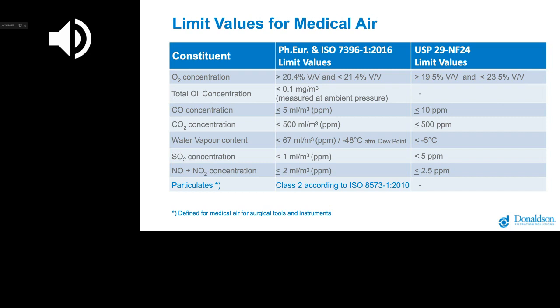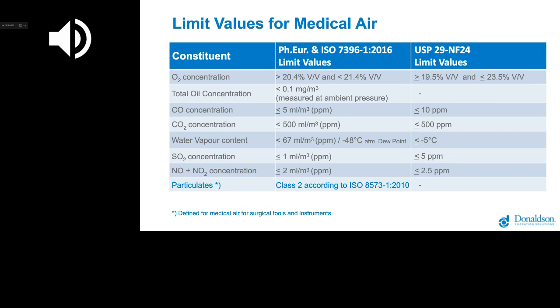With regards to oil contamination, in Europe the levels are clearly defined, whereas there is no definition within the US version. For carbon monoxide, the US has a slightly higher allowance, and for CO2, carbon dioxide, that is again the same for both Europe and America.